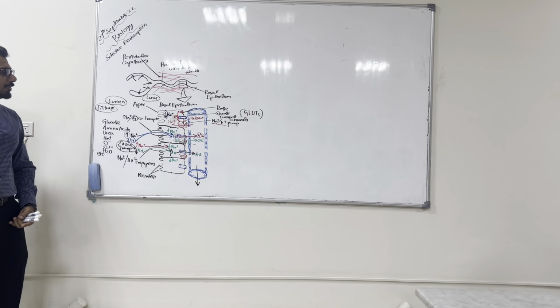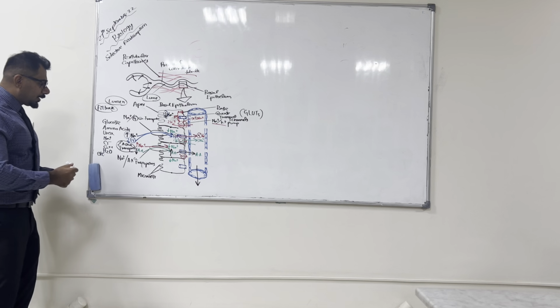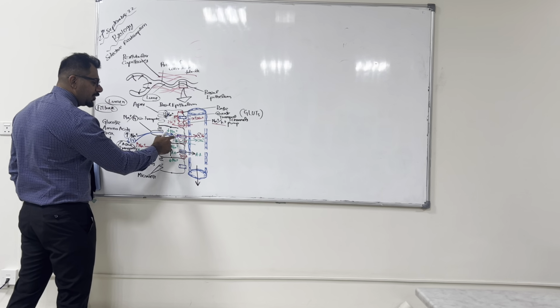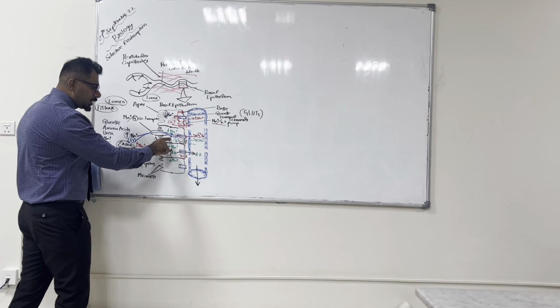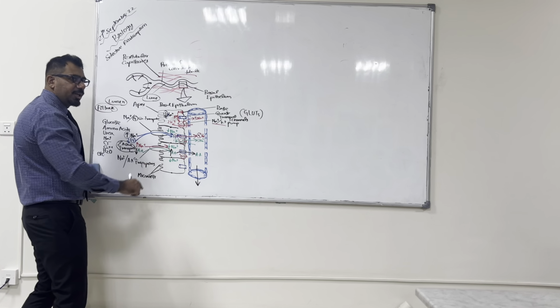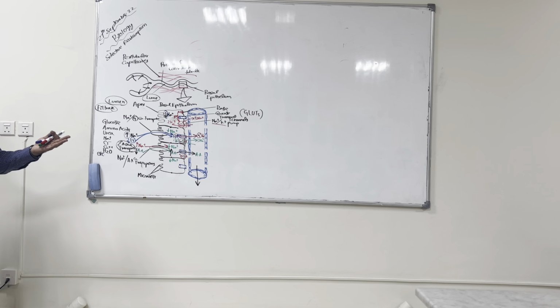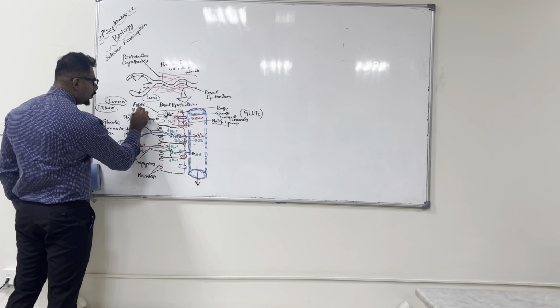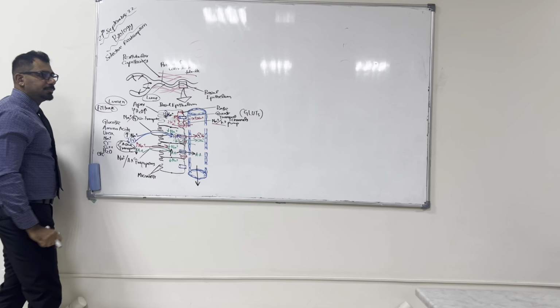Now one thing is very, very obvious over here, that when this glucose and amino acid come over here, I'm saying that glucose and amino acid are higher in concentration over here. So what will that generate? That will generate a lower water potential on the lumen side.